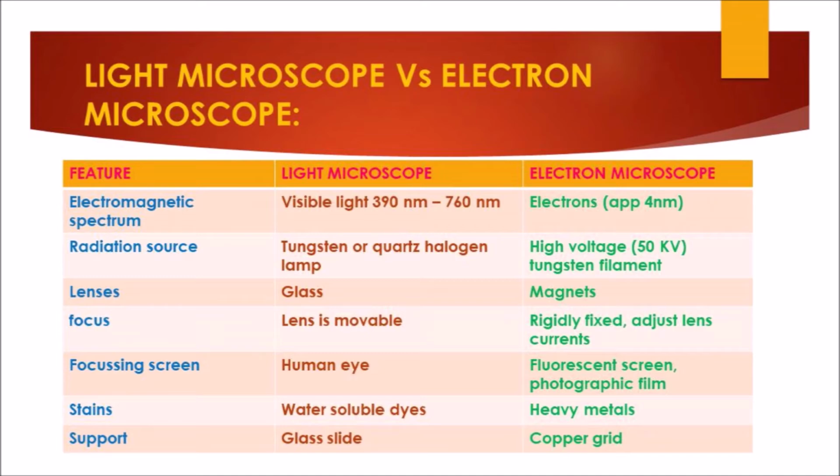In the light microscope, the stains are water-soluble dyes. In the electron microscope, they are heavy metals. The support in the light microscope is a glass slide. In the electron microscope, it is a copper grid.